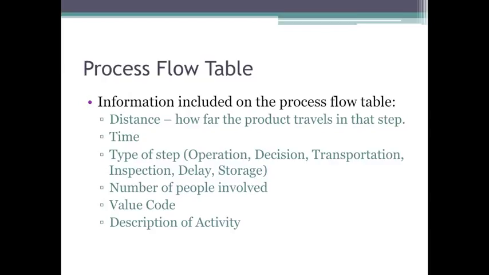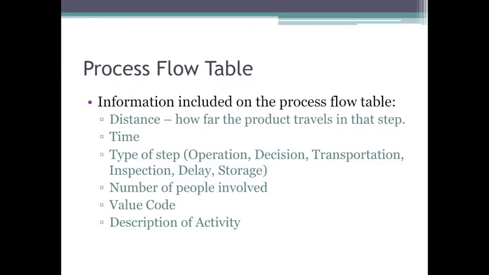Well, if it travels any, we put the distance that it travels, the amount of time that a particular item takes at this step, what type of step it is, whether it's an operation, where we do things, whether it's a decision, we decide what to do with this particular product. If it's transportation, if it's inspected, if it's just a plain old delay, if it's a storage where it's put in inventory, we need to write this down.